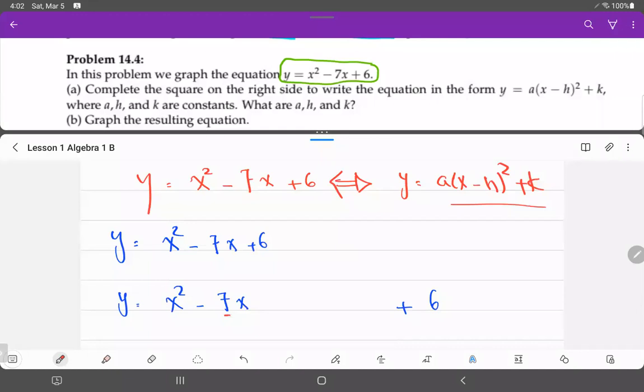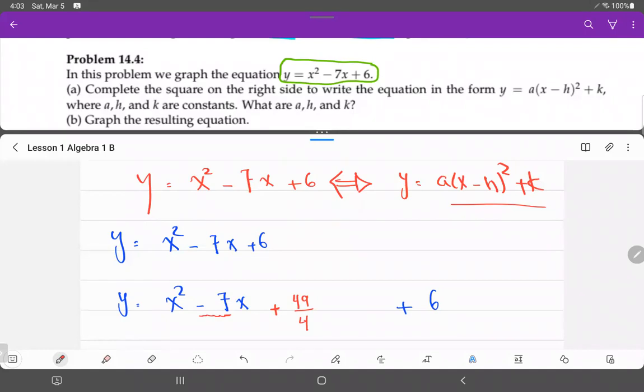So we used to have 7/2 squared. This is exactly what we did before to complete the square. We used to look at this guy, divide it by 2, then square it.